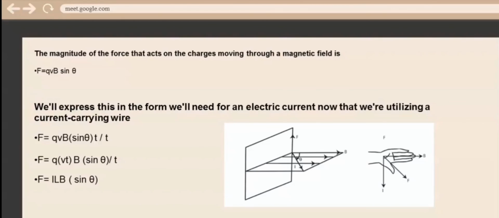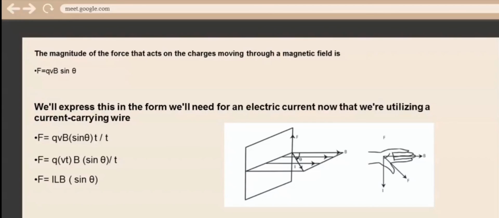If the wire has a length L that carries a current I, the magnetic force exerted on this length of wire is the net force acting on the total charge q moving in the wire. If the time required for the charge to move through the length L of the wire is t, then F equals qvB sin theta t over t.